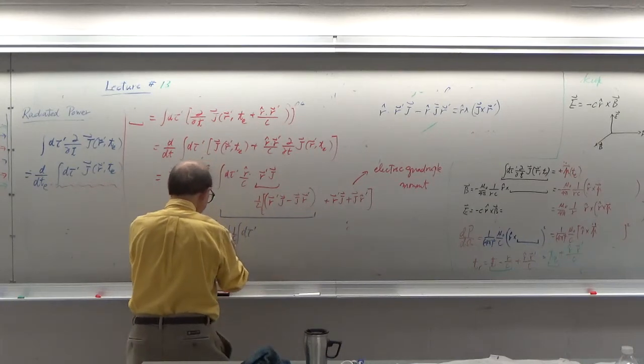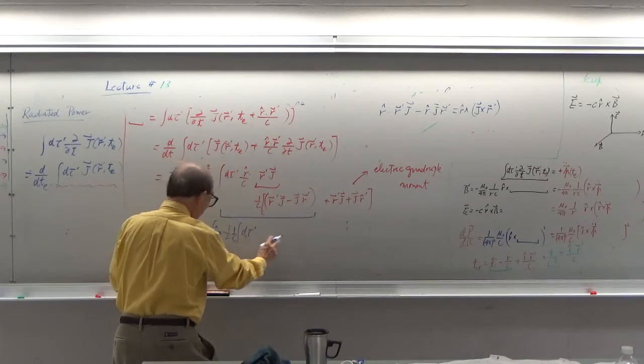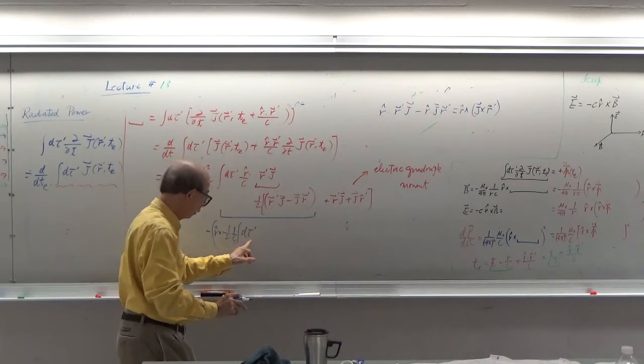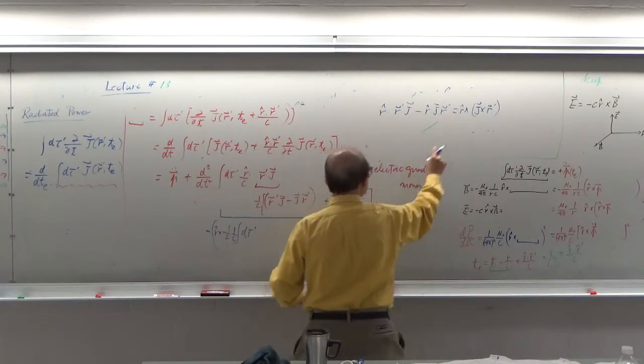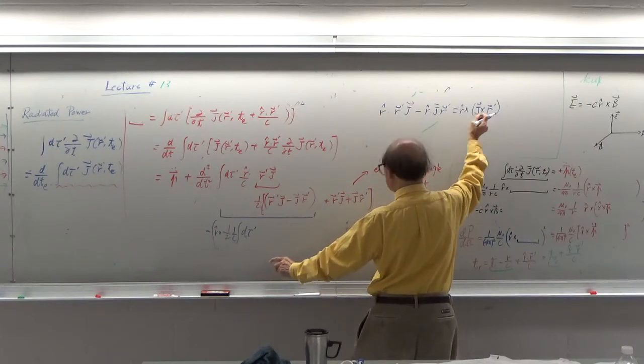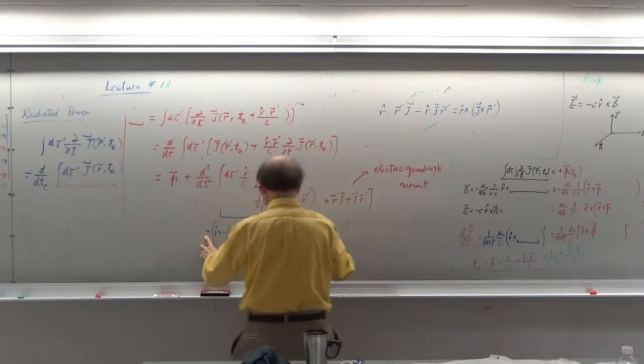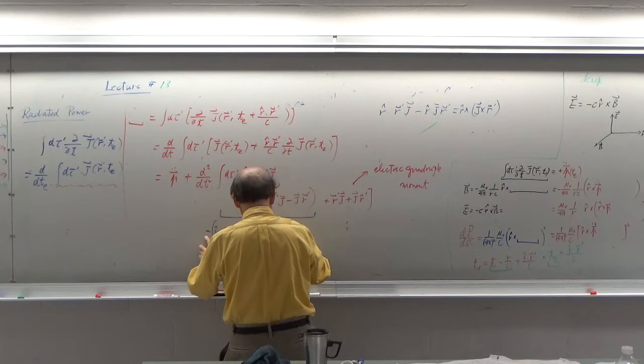This cross stands for the cross product, and what else would be a vector here? And that vector is, let me interchange this to get an extra minus sign, so it's R prime cross J.